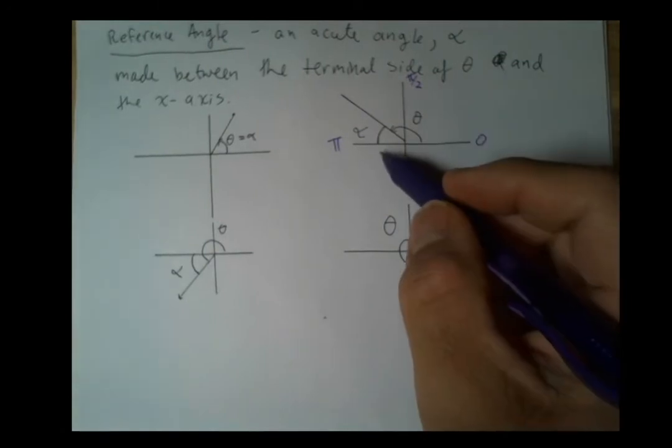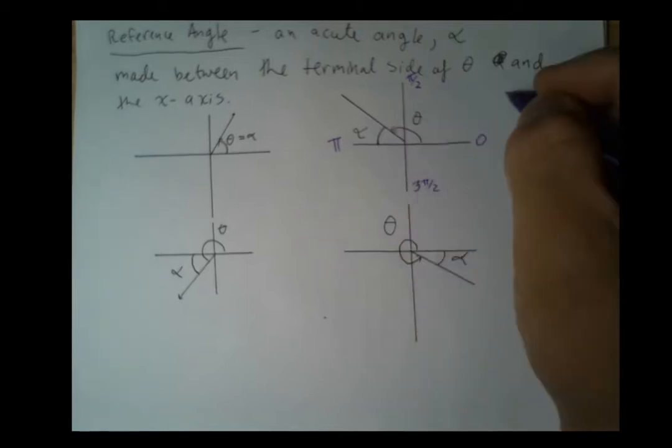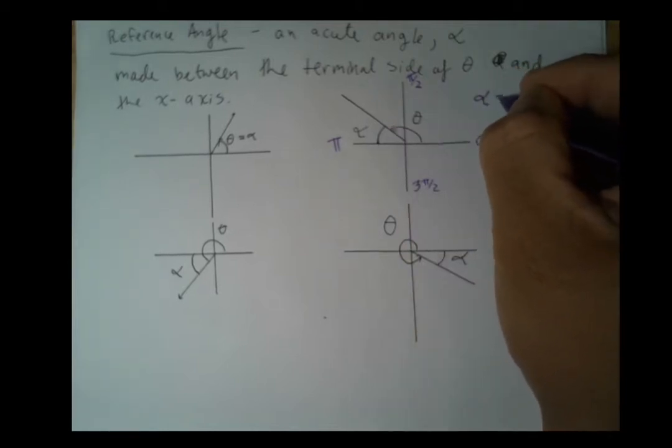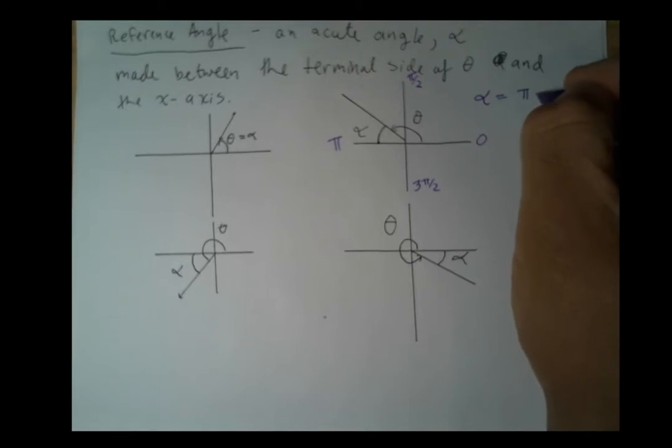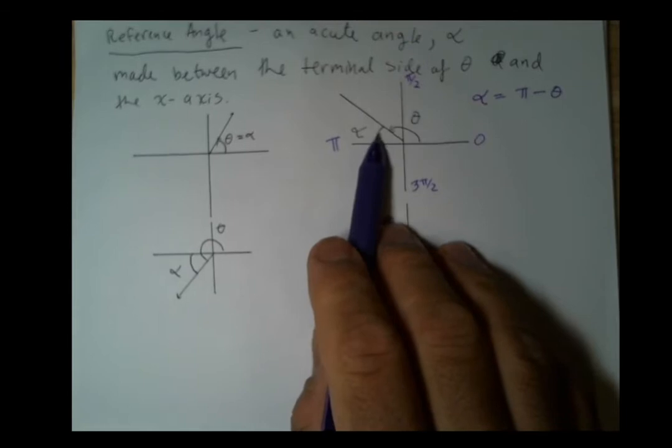If we want to find alpha here, all the way is pi, but that's too much. So in order to find alpha, we'd have pi, but we take away theta. And that gets us our angle alpha.